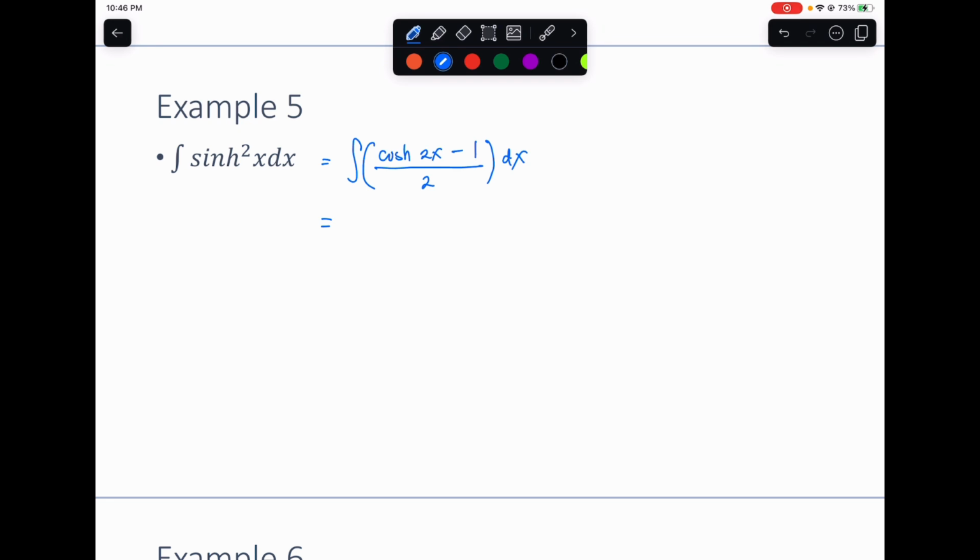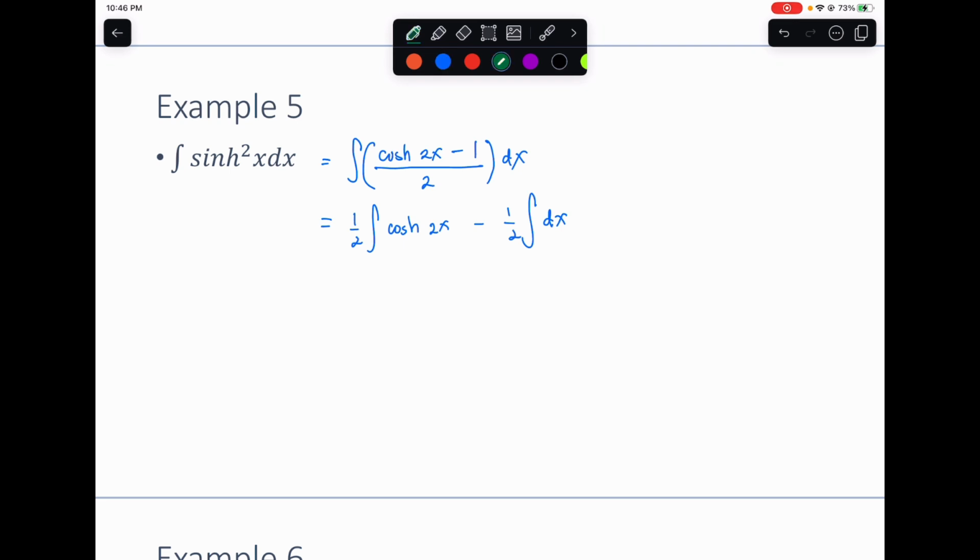So I can distribute this one, to become cosine 2x over 2. So that is the same as 1/2 the integral of hyperbolic cosine of 2x, and then minus 1/2 the integral of dx. So we just separated this one into two terms.